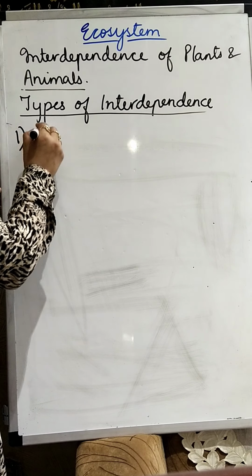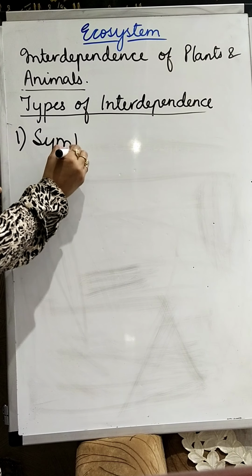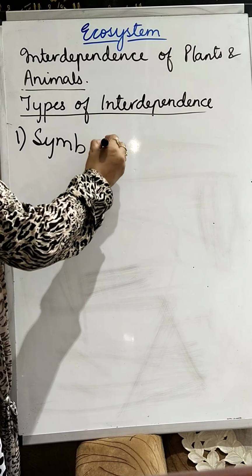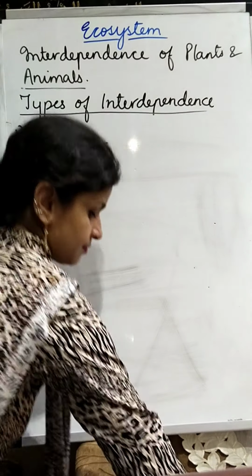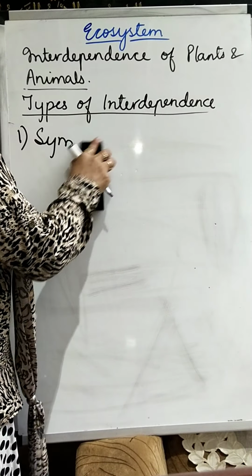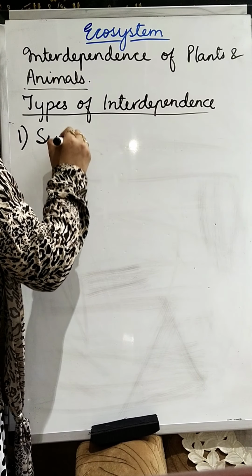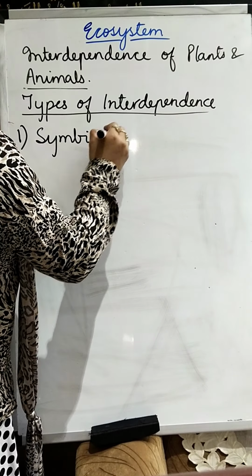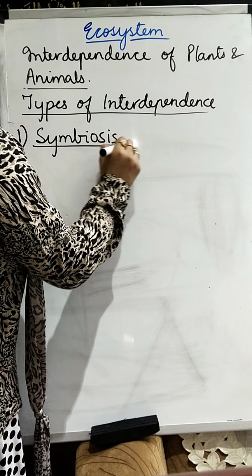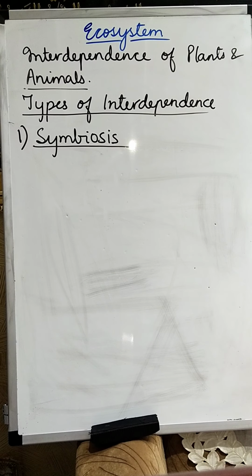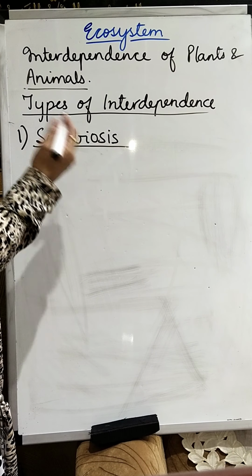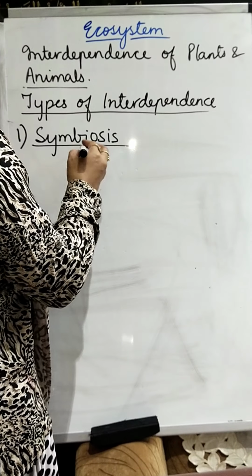First relationship is symbiosis. Symbiosis is a relationship between two organisms in which both the organisms benefit each other.